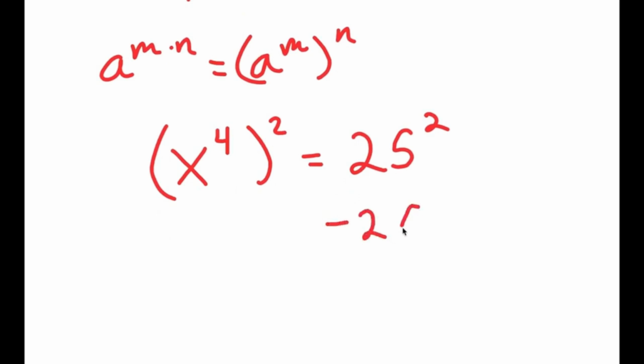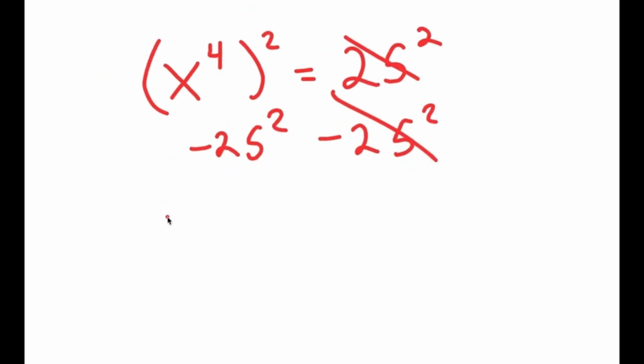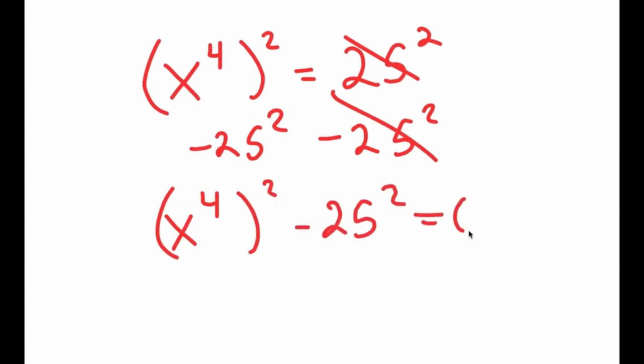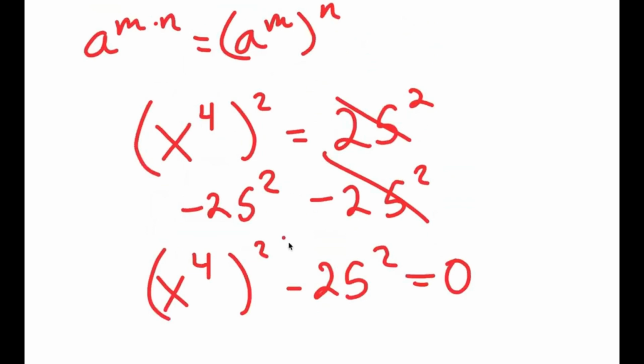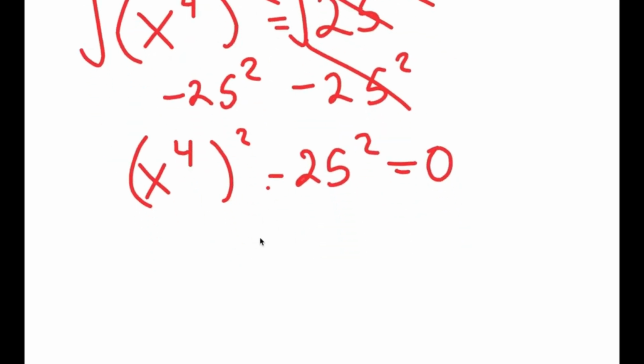Now I'm going to subtract 25 squared on both sides. So these two cancel out, and I get x to the power of 4 to the power of 2 minus 25 to the power of 2 is equal to 0. And before we actually do this, I'm actually going to take the square root on both sides so I can cancel these twos out.